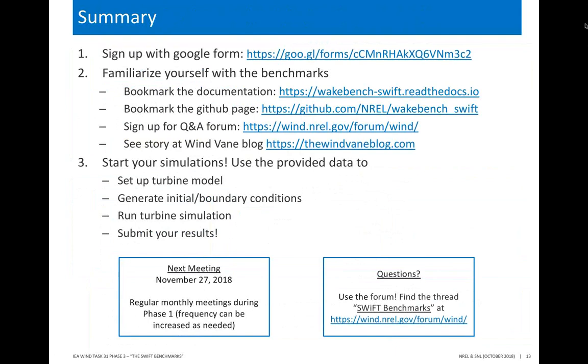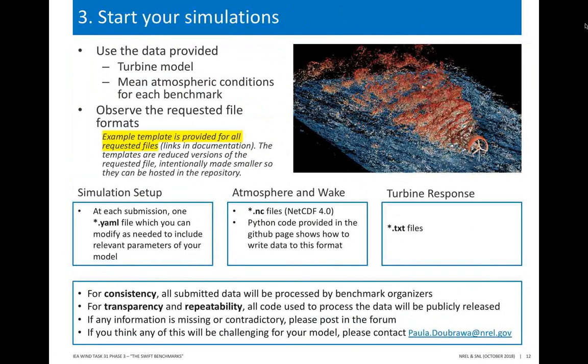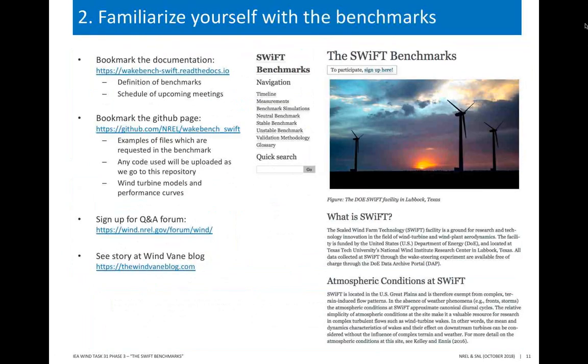Hey, Paula, I have a question. This is Tony. Until when can users sign up? That's a good question. As long as they submit everything by the end of phase 1. So the end of the first phase is December 21st.